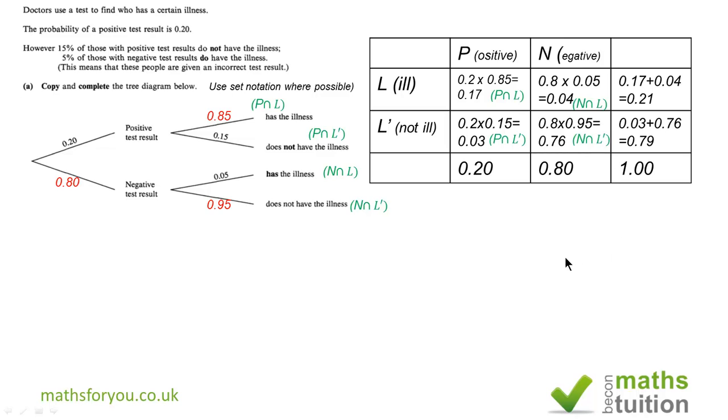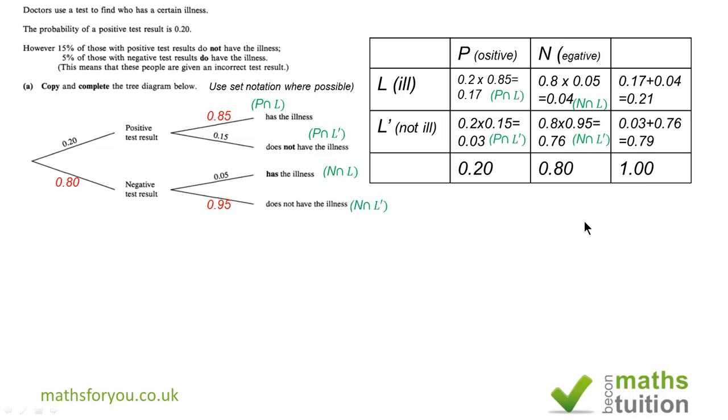And just to check, if you add 0.17 for P intersection L and 0.03 for P intersection L prime, you get 0.20. If you add N intersection L, which is 0.04, plus N intersection L prime, which is 0.76, you get 0.8, and that tallies with what is given in the tree diagram.